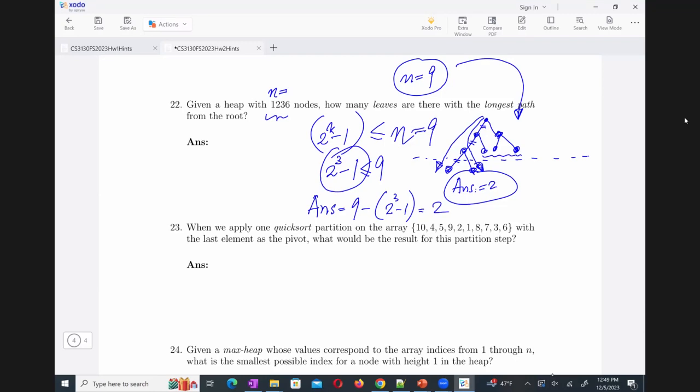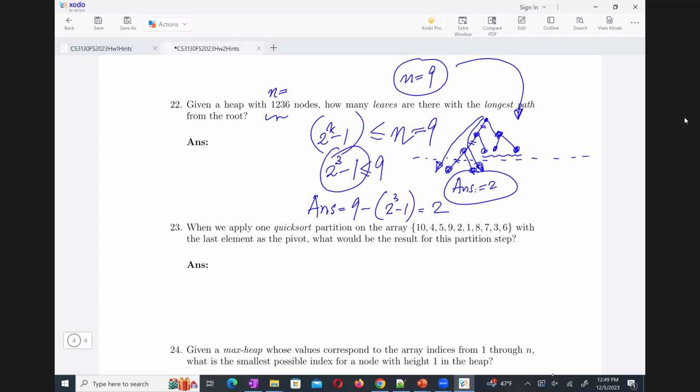After this simple example, can you go back to the general case, this time n equals 1,236? Same method.